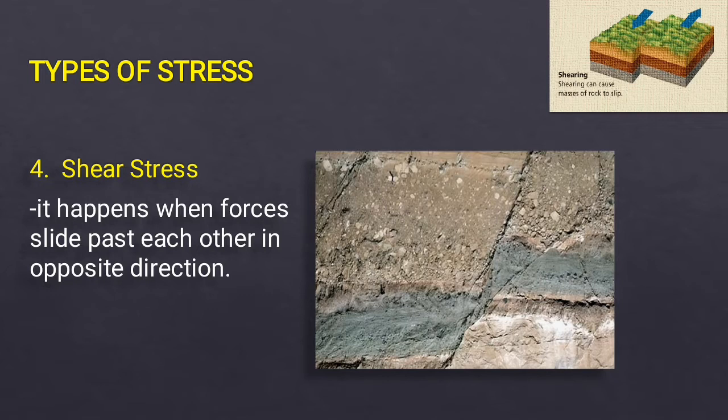We have elastic deformation, wherein the rock returns to its original shape when the stress is removed. And we have plastic deformation, wherein the rock does not return to its original shape when the stress is removed. And fracture, which means the rock breaks.